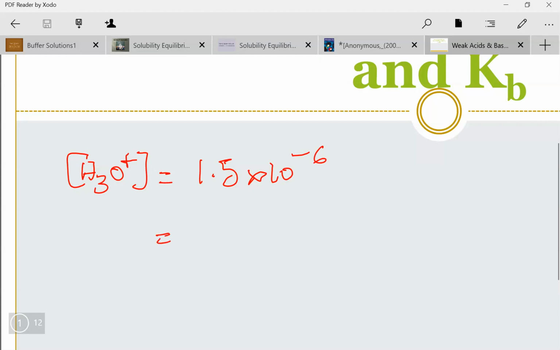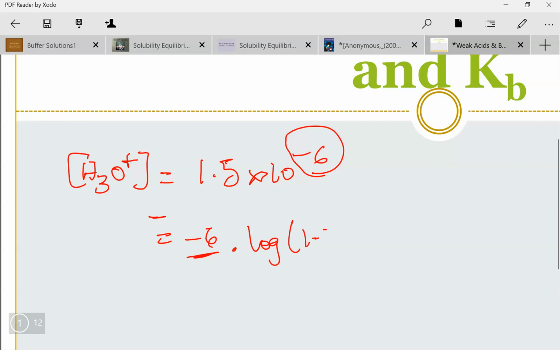So the negative log, when you take that, the digit before the decimal point comes from the exponent, right? So this will be negative of negative 6 point the log of whatever 1.5 is, which happens to be a positive number.